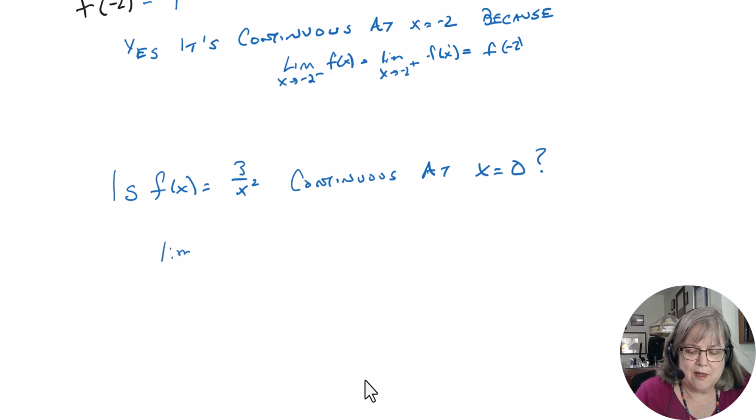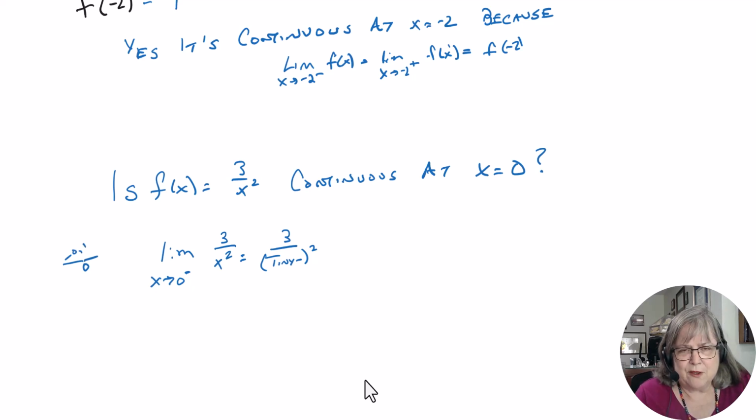The limit as x approaches 0 from the left is 3 over a tiny negative squared, because you're just to the left of 0, so it might be like negative 0.1 or something, which turns out to be 3 over an even tinier positive. So this turns out to be positive infinity.